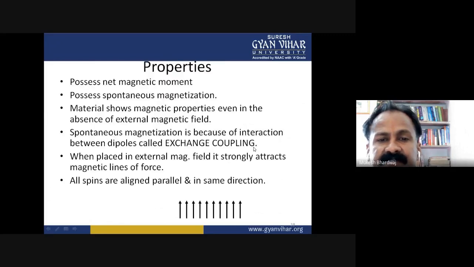Ferromagnetic materials possess net magnetic moment and spontaneous magnetization. Materials show magnetic properties even in the absence of an external field. Spontaneous magnetization is because of interaction between dipoles called exchange coupling. When placed in an external magnetic field, it strongly attracts magnetic lines of force. All spins are aligned parallel and in the same direction, as shown in the figure.